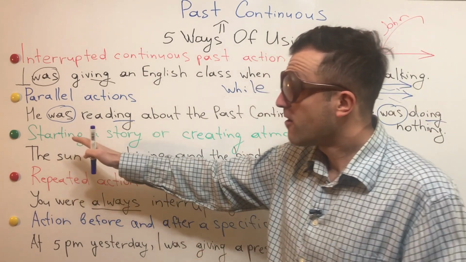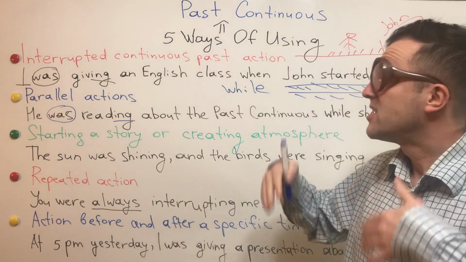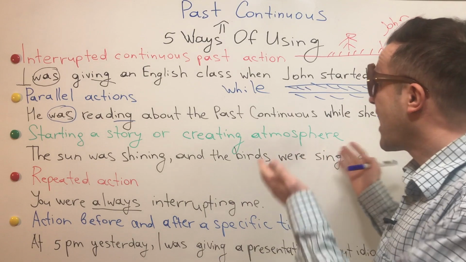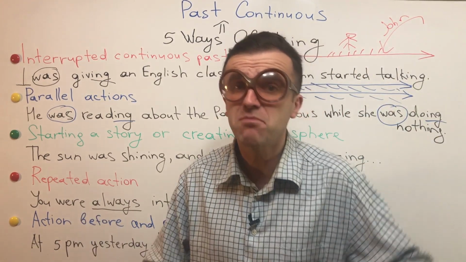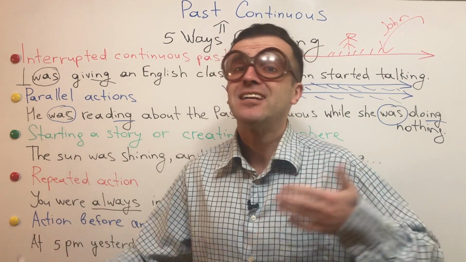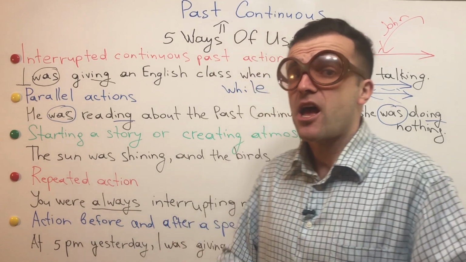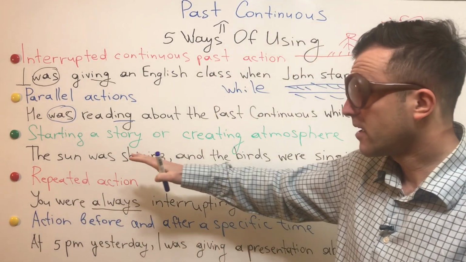So let's move on to the third way of using the past progressive. In the third way, we deal with starting a story, or we create atmosphere. Maybe you are writers, maybe you like to write some stories, yes, and usually we start the story from this one.